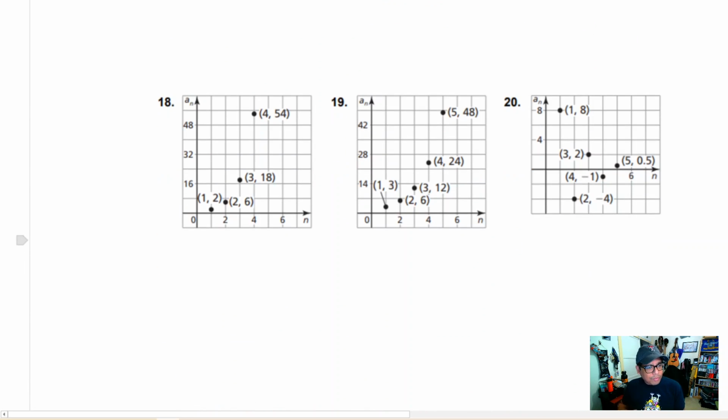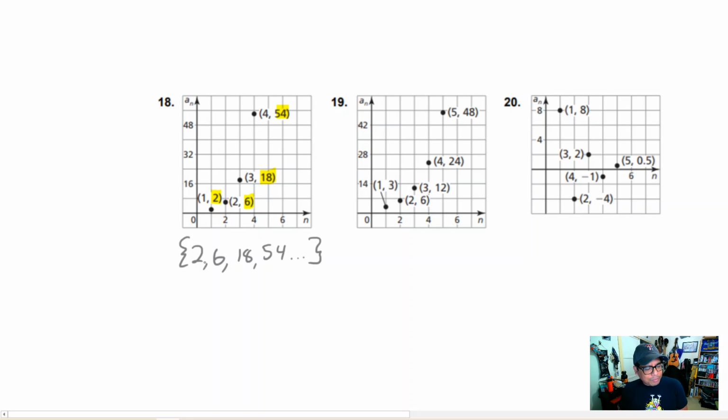And then here, again, it's just written as coordinates instead. So we're looking at the y values here, 2, 6, 18, and 54, which means my sequence is 2, 6, 18, 54.